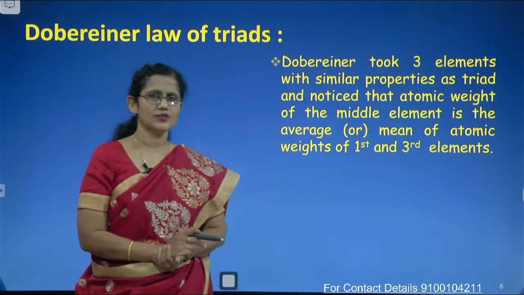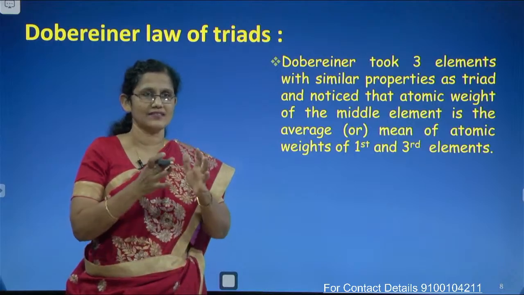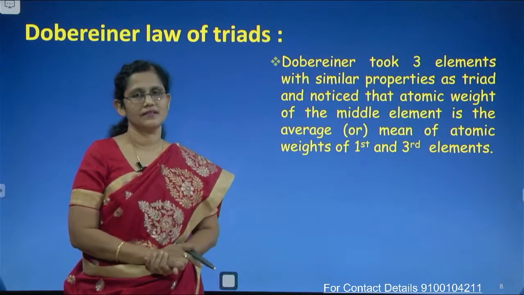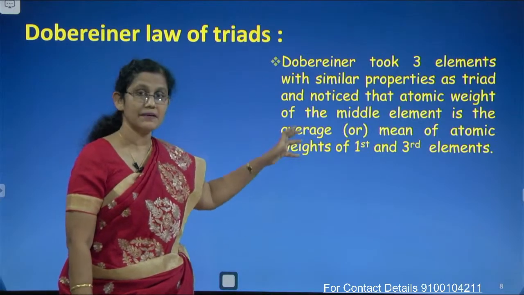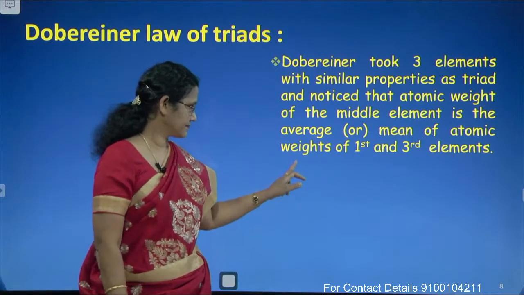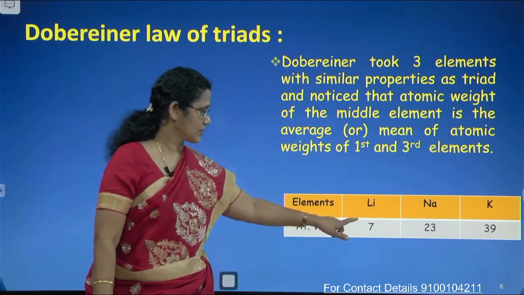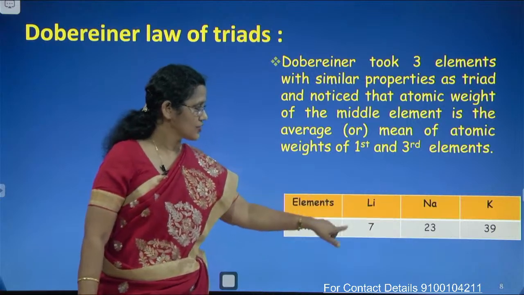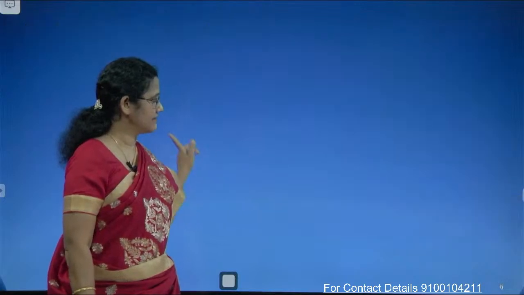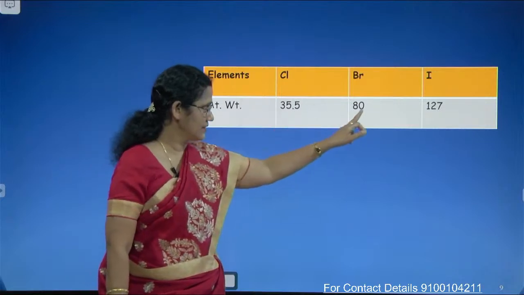Actually, prior to Dobereiner, in 1789 Lavoisier started classifying elements as metals and non-metals, but officially Dobereiner published his classification, right. Let me take some other examples: chlorine, bromine, iodine.